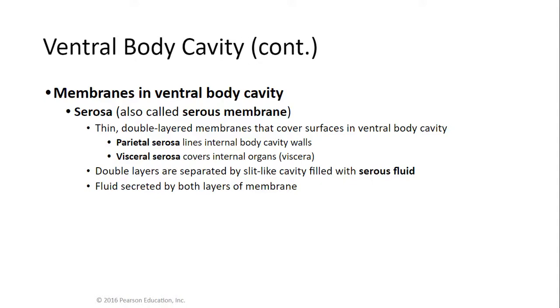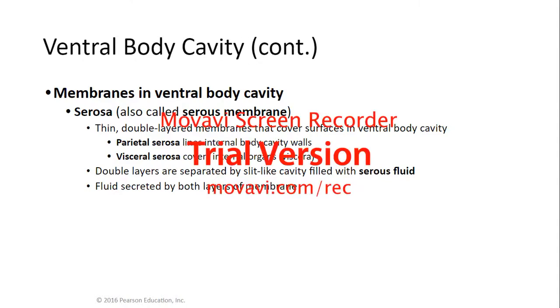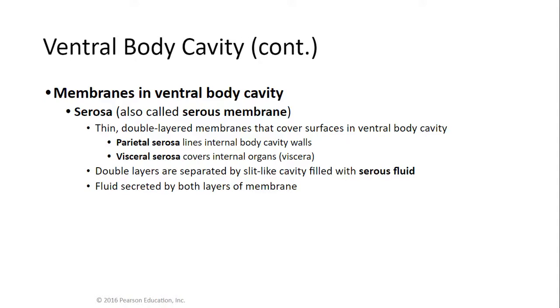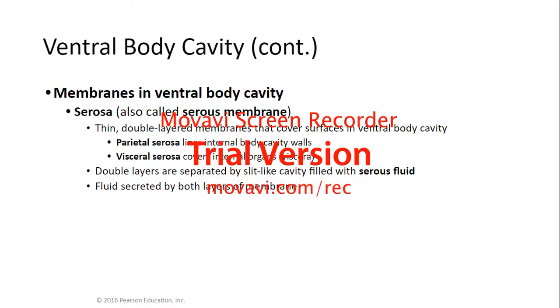Issues happen when there's too much fluid in those spaces, which can impede the movement of your lungs or your heart. If there's inflammation in those areas, it can also cause pain and more friction rubs.